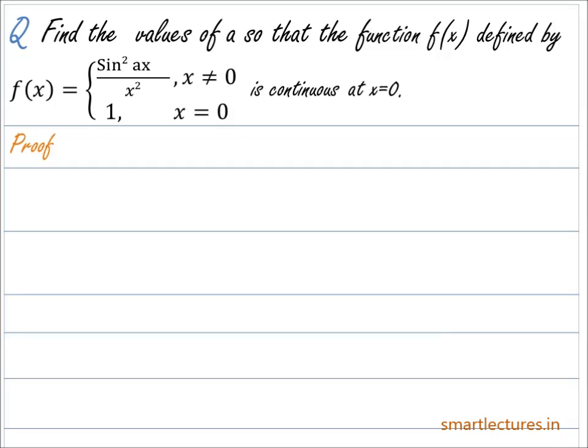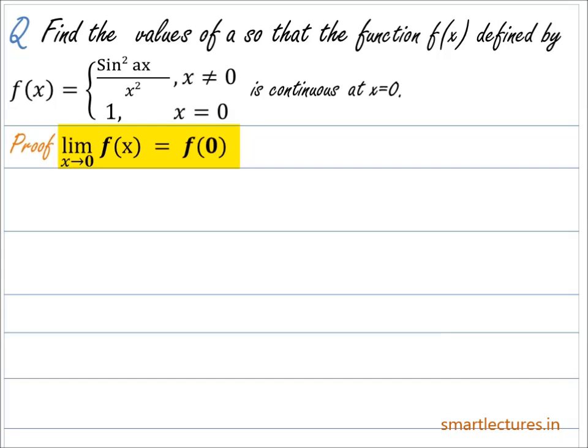Now again, from the definition of a continuous function, we know it very well that a function is continuous at a point if and only if the value of the function at that point is equal to the limit of the function at that point. So in this case, the function f of x will be continuous at the point x equal to 0 if and only if limit x approaches 0, f of x is equal to the value of the function at the point 0, or f of 0.